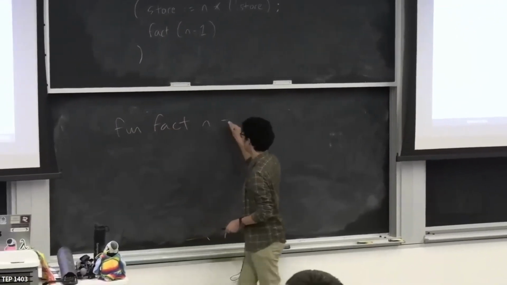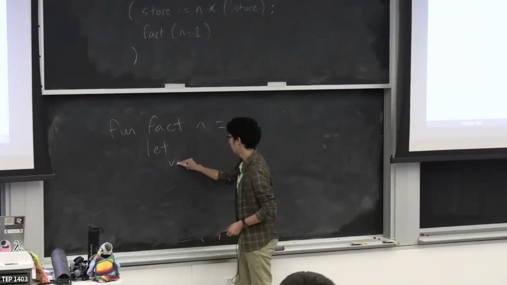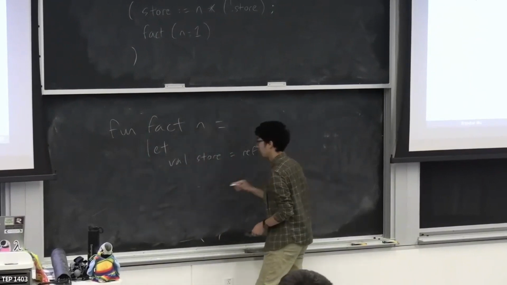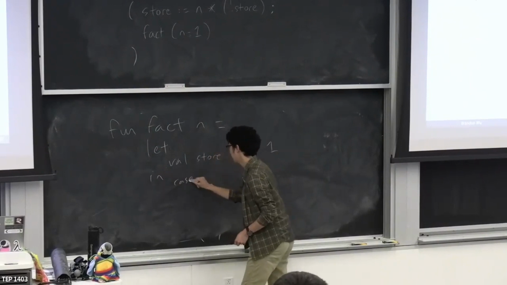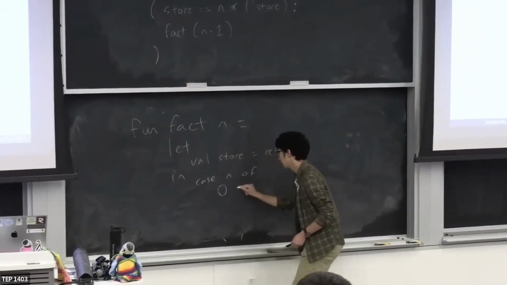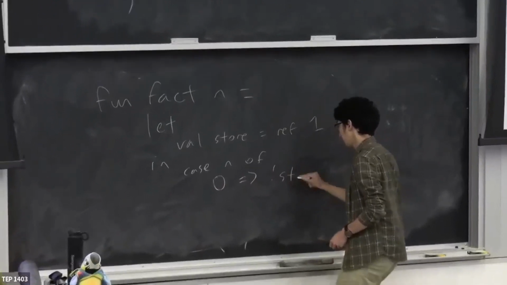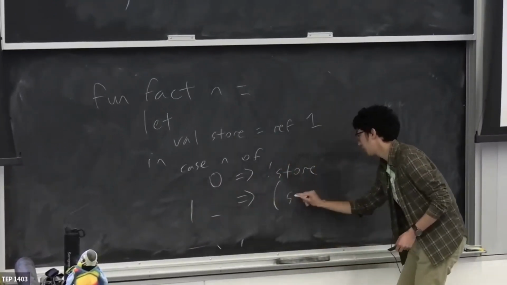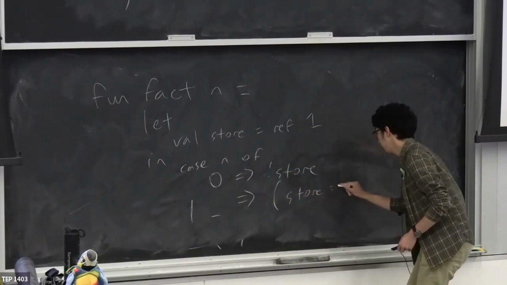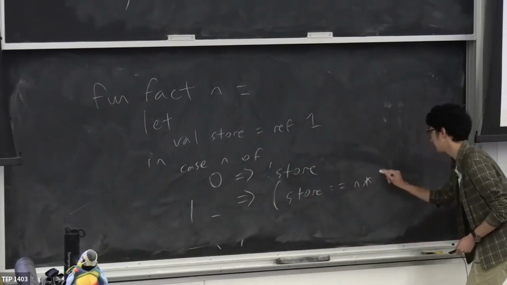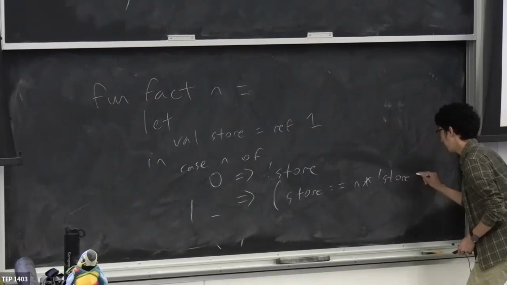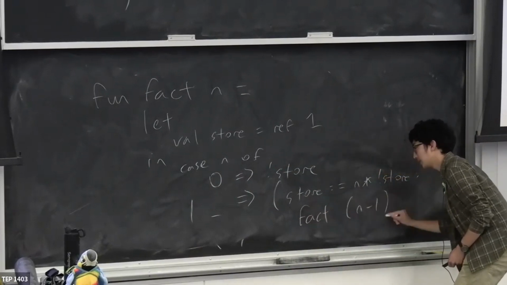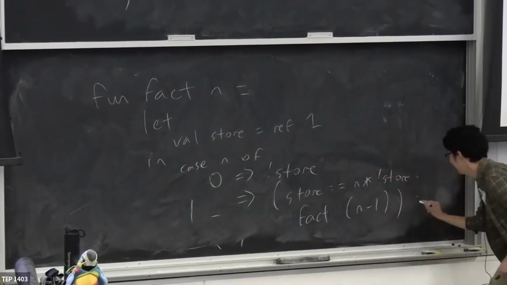Let's do fact n equals let val store equals ref 1 in case n of 0 goes to what's in the store, or else we update the store to be equal to n times what's in the store, and then return fact of n minus 1. Let's put it in the function.